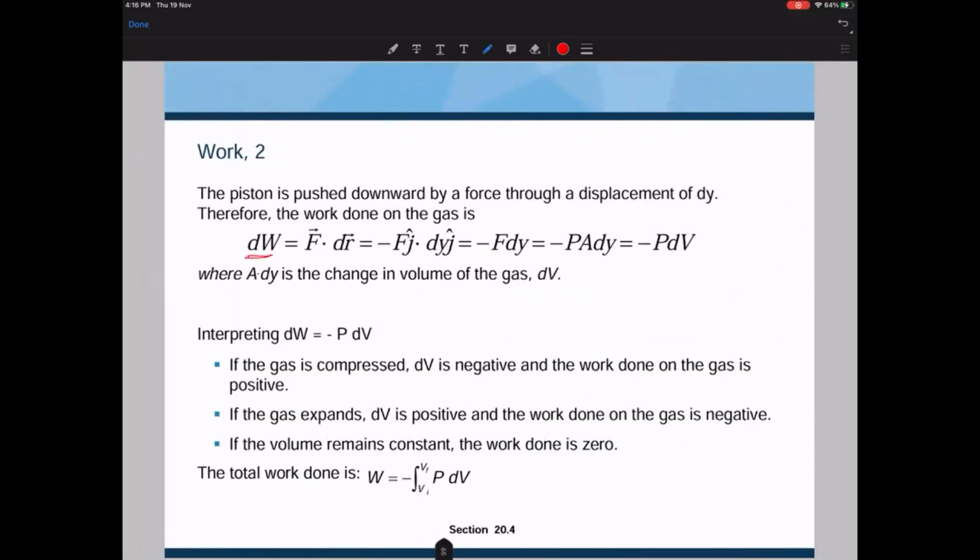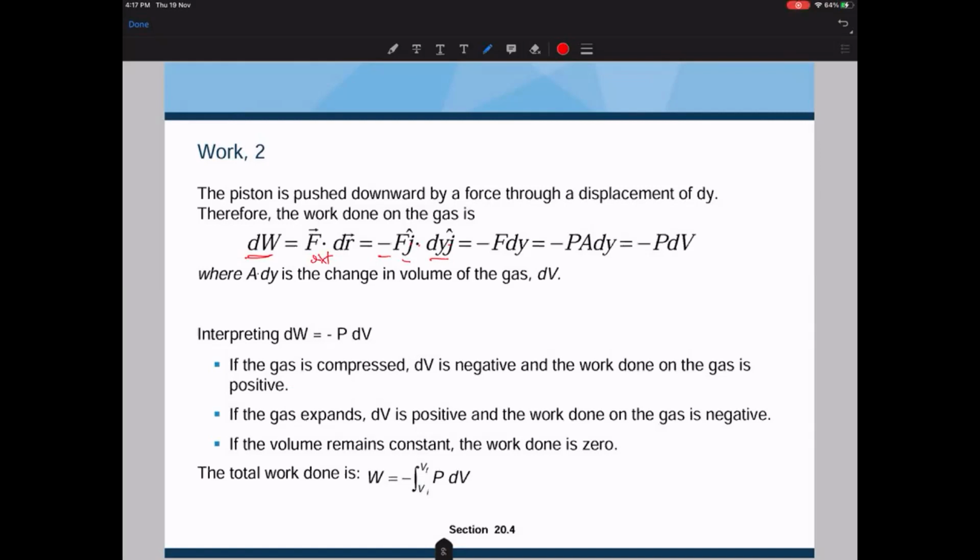So this would be the work done by the external force, if you like. And this external force would be in the negative y direction, so minus j. j refers to the unit vector along the y-axis. And then dot dy j. So you have j vector dot j vector, which, I don't know if a math class has taught this before, are basically in the same direction, parallel to each other.